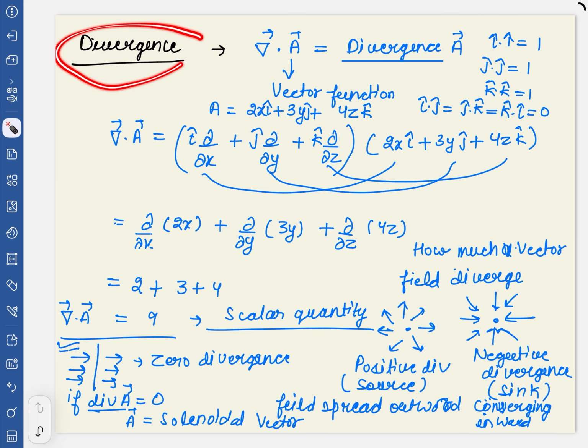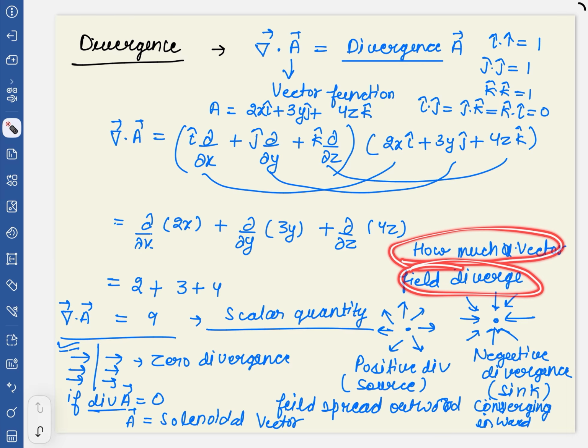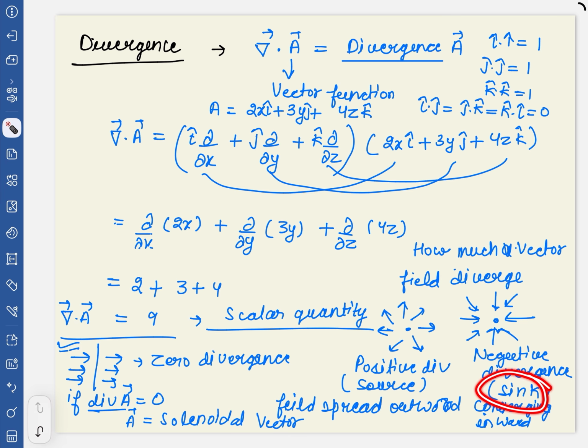And in case of divergence, if we operate del on any vector function via dot product, we get the divergence of A. And the significance of the divergence is how much a vector field diverges. Suppose if it diverges, we will get the positive divergence and it is known as source. Here the field is spread outward, and if the field is converging inward, it is known as sink.